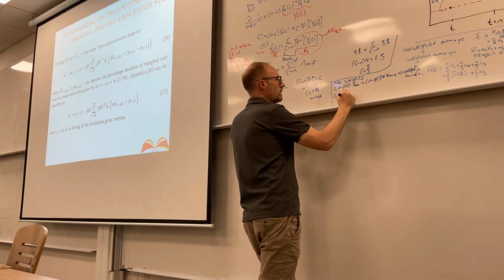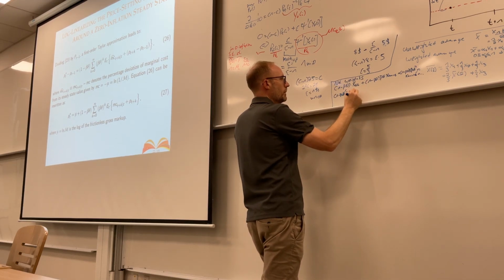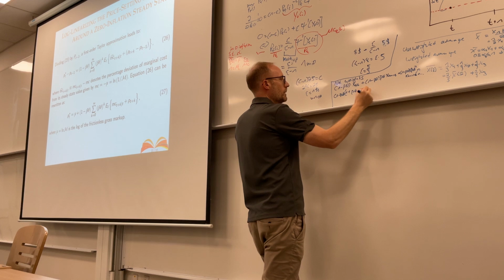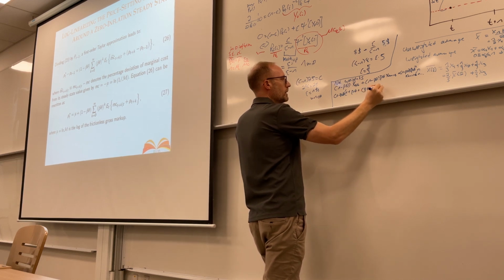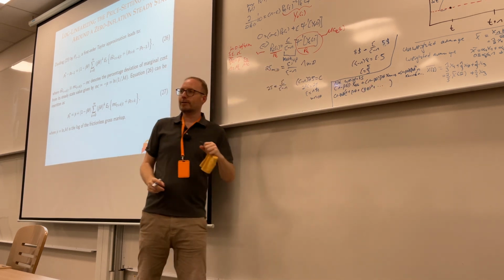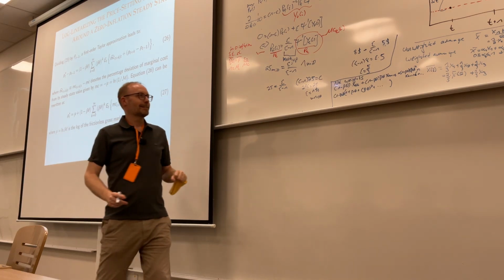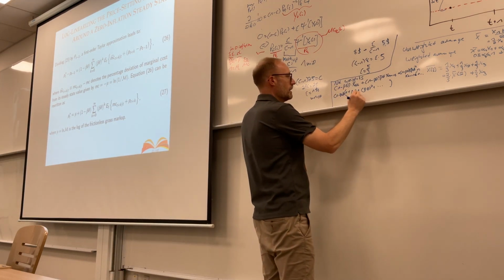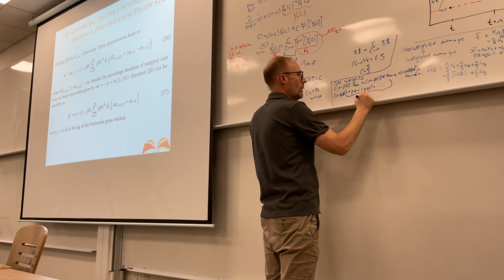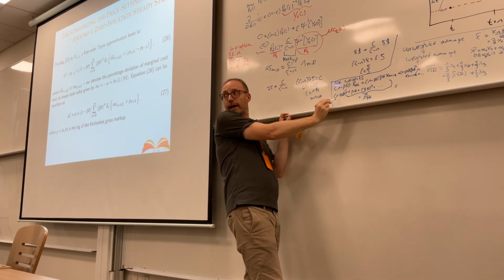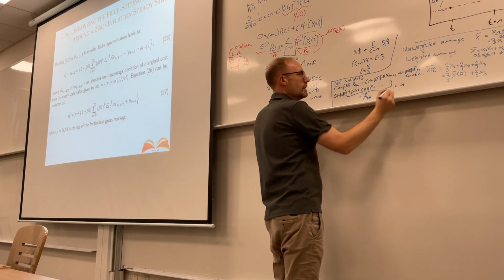So if we sum up all the weights, we get 1 plus beta theta plus beta theta squared. It's a geometric series. We did this together last week. This is simply equal to 1 over 1 minus beta theta. That's why that term's up front there. So these sum to 1.